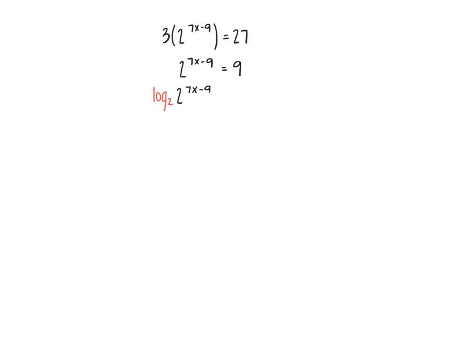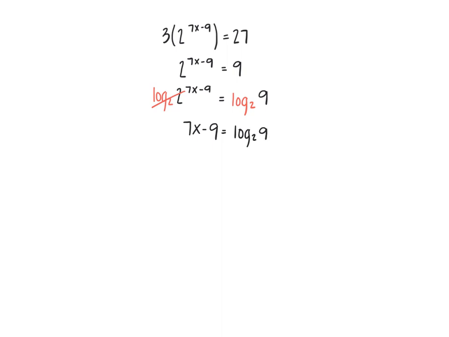And if I do it to the left, I have to do it to the right. Log base 2 of 9. Since my base is the same and this 2, the number in front of the log, is the same, all of that is going to cancel. And I'm going to end up with 7x - 9 is equal to log base 2 of 9.